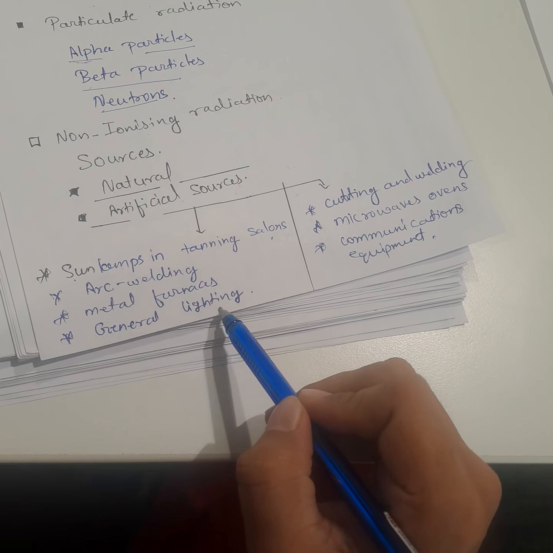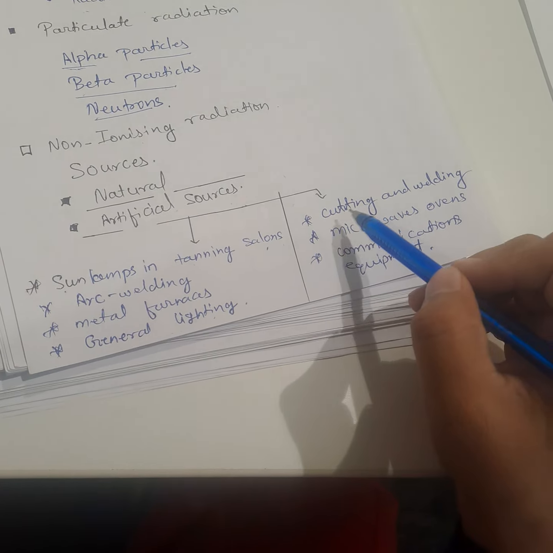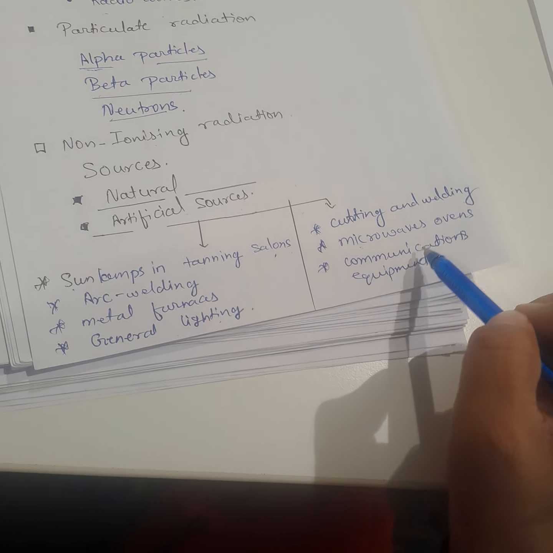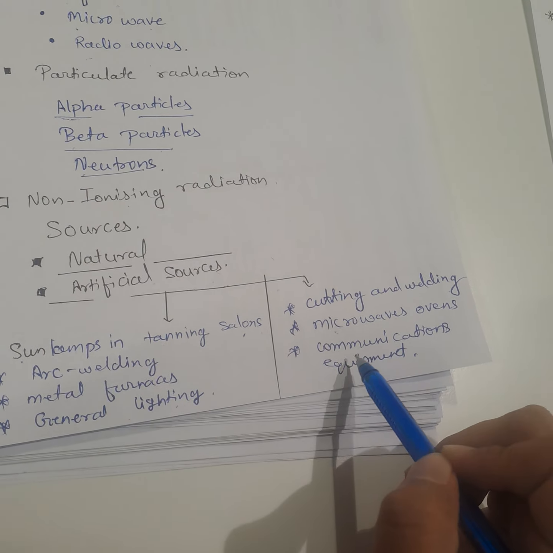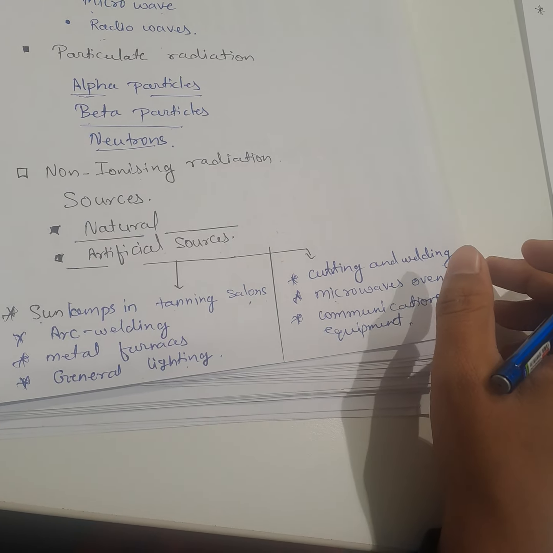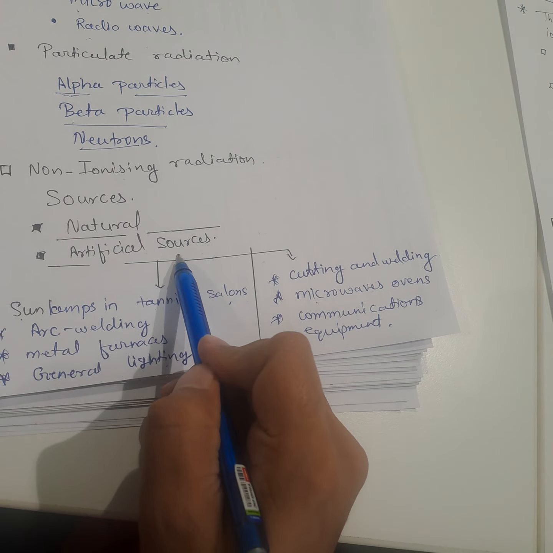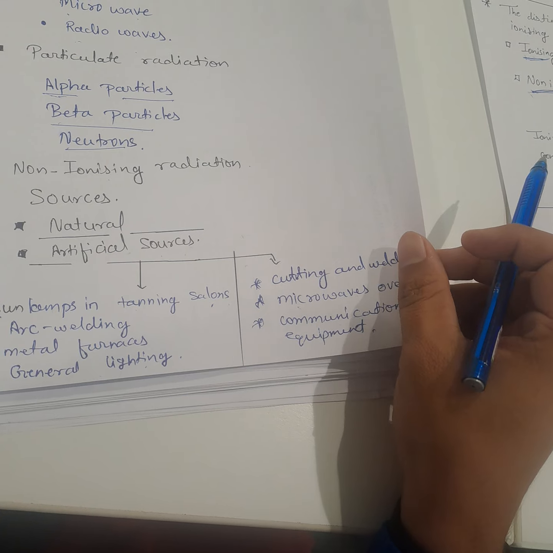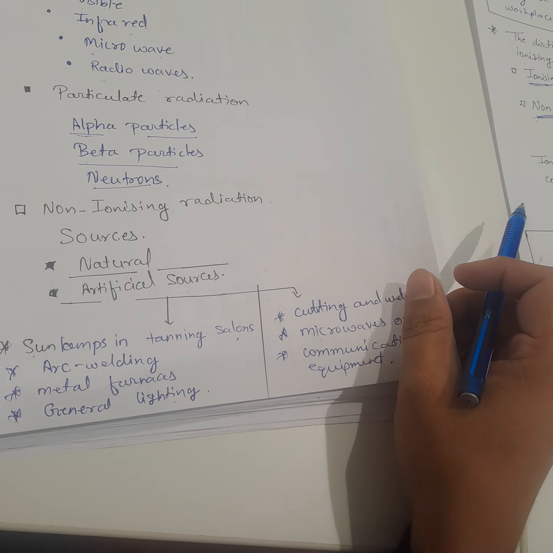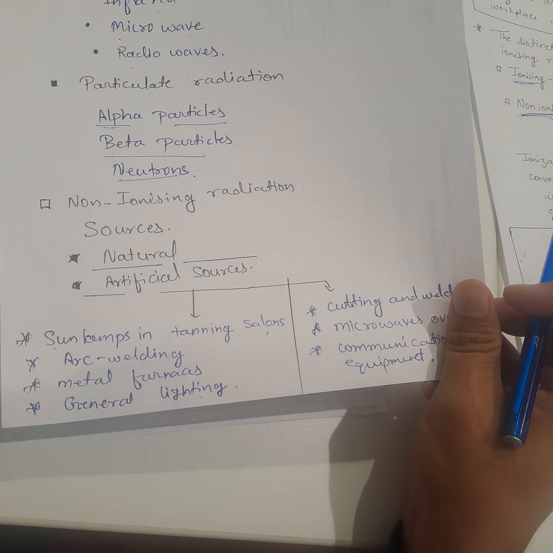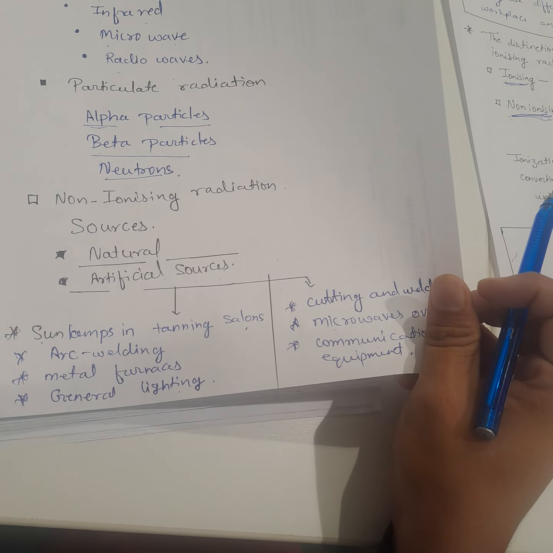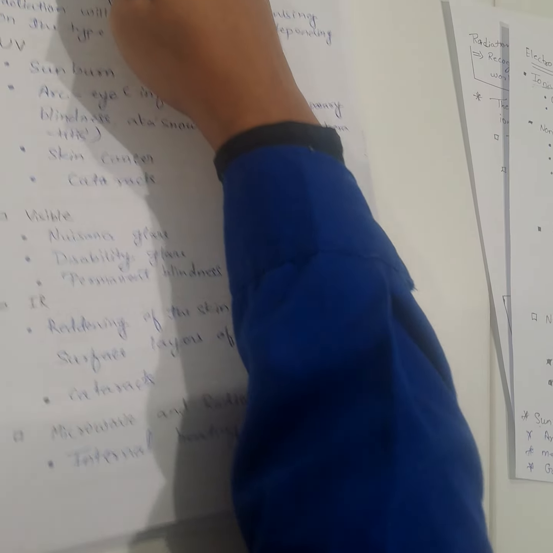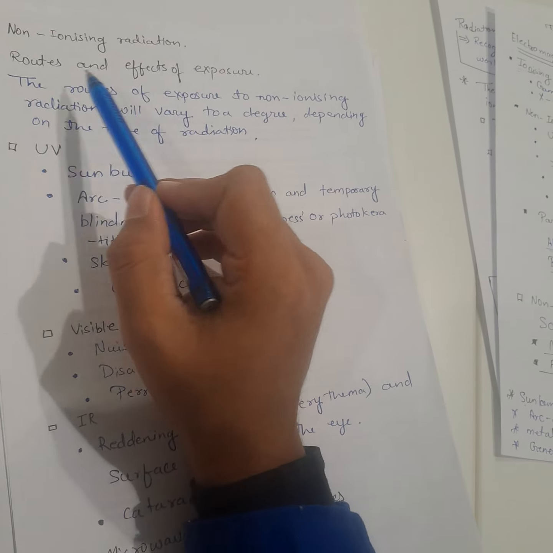And general lighting, cutting and welding, microwave ovens which we use in the kitchen, and communication equipment. These are all artificial sources of non-ionizing radiation. In our workplace we also see these things, so we should know what the hazards are, and then we can easily tell our employees what the safety precautions are.